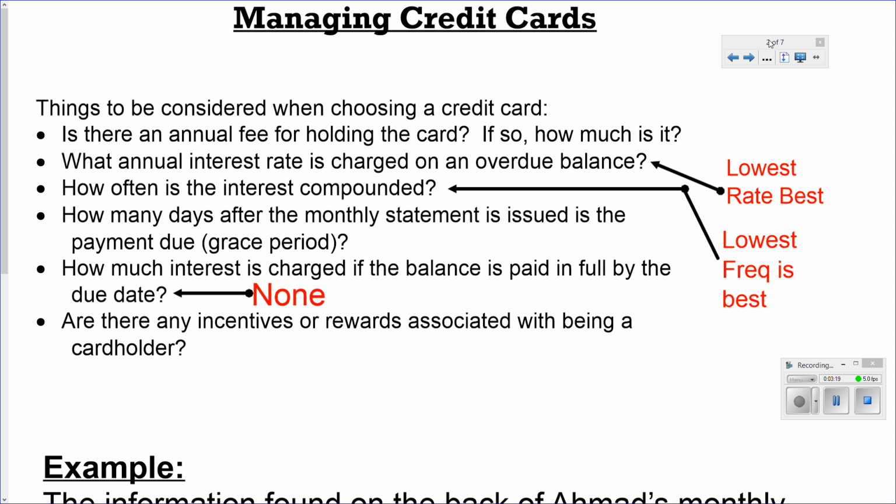Now, the other thing you need to consider when you have a credit card is whether there are any incentives or rewards associated with being a card holder. For example, I have a Petro-Canada card. I'm not advertising for Petro-Canada, but a couple of months ago I actually got 89 cents gas. You probably don't even remember when gas was that cheap because you just started driving right about then.